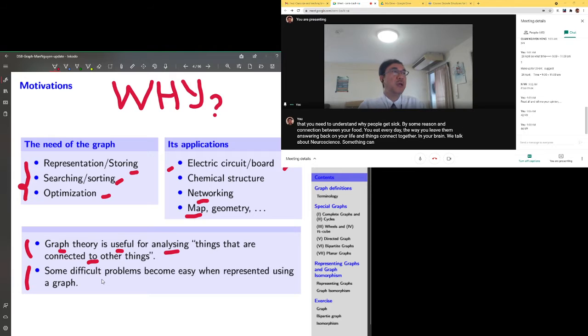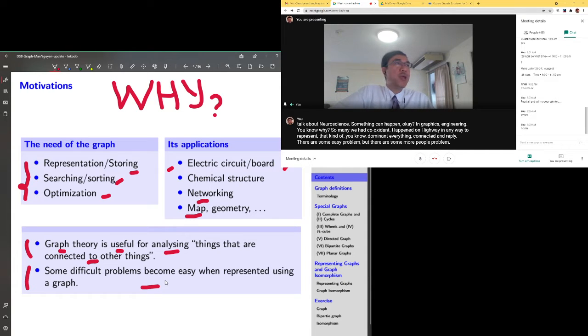In traffic engineering, why do so many vehicle accidents happen on the highway? Is there any way to represent that kind of phenomenon? Everything is connected, and so requires graph theory. There are some easy problems, but there are some more difficult problems.